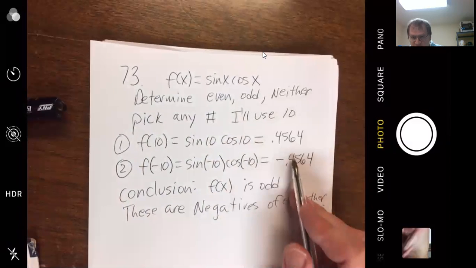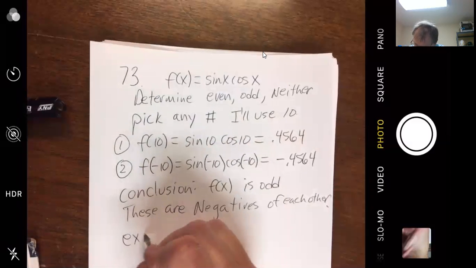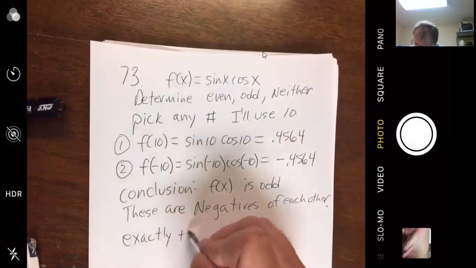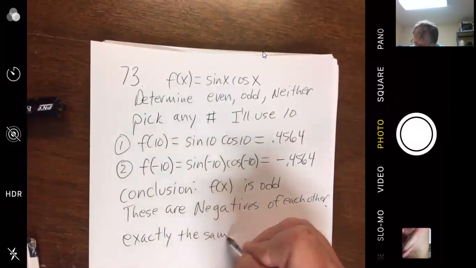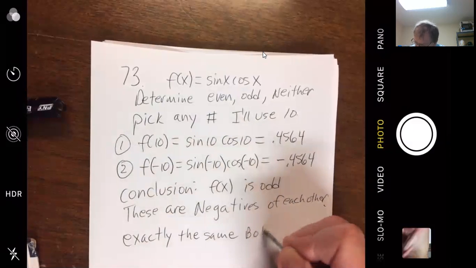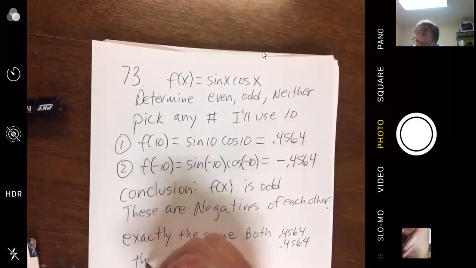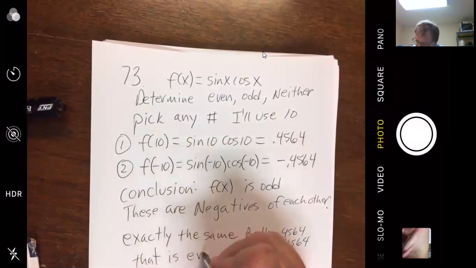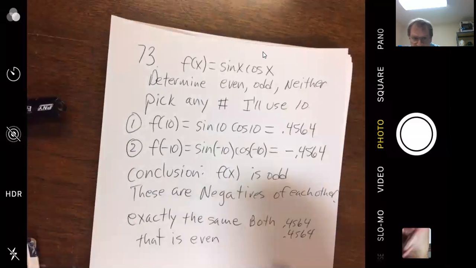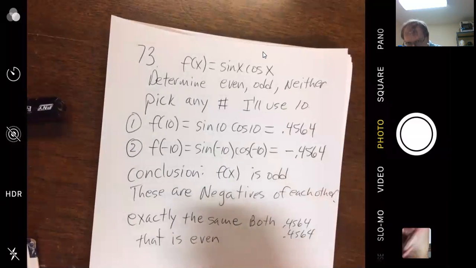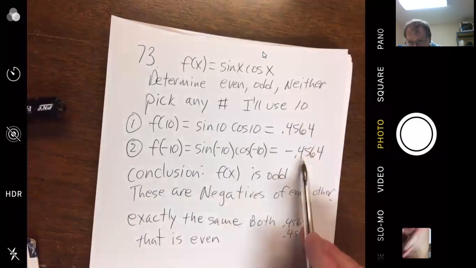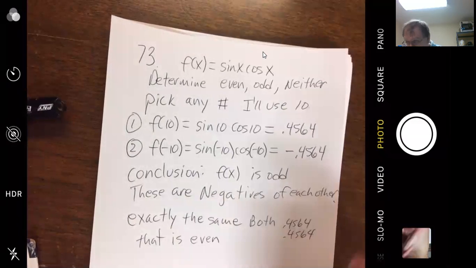If they come out exactly the same, it's even. Both 0.4564, 0.4564, that's even. If you get negatives of each other, so the number's the same but they're opposite sign, that's odd.